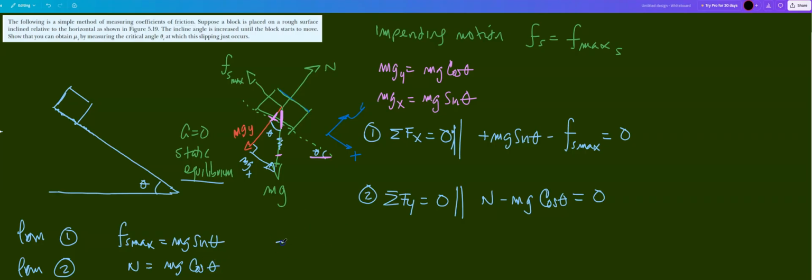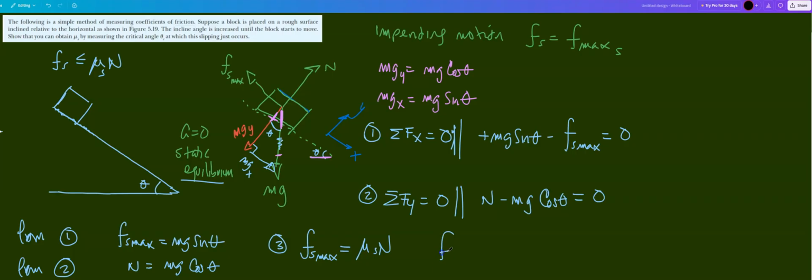But we have an equation 3 as well that tells us that the maximum static friction is equal to the normal times the coefficient. Remember that the actual equation goes like this: static friction in general is less than or equal to this. But if we're talking about the maximum value, then we are at the limit of this equation.